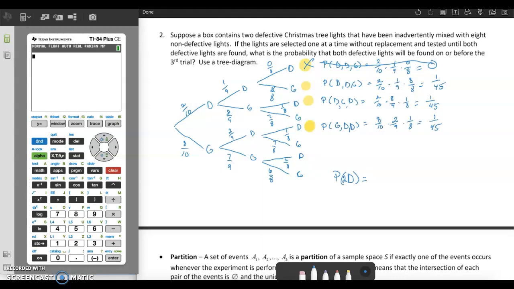There's no way to do any 2 of those situations at the same time. So we would add 1/45 plus 1/45 plus 1/45, and that would give us 3/45, or 1/15, which divides out to about a 6.7% probability of finding both of those defective lights, at least by your 3rd draw.